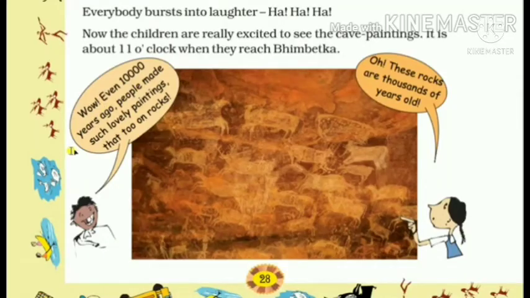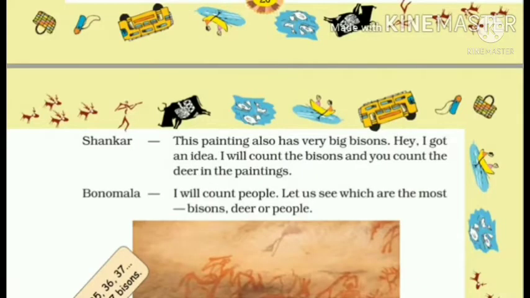Wow! Even 10,000 years ago, people made such lovely paintings. That too on rocks. You can see the picture. So many paintings you can see in that picture. Are you seeing? Yes. So, oh, these rocks are thousands of years old. Okay?